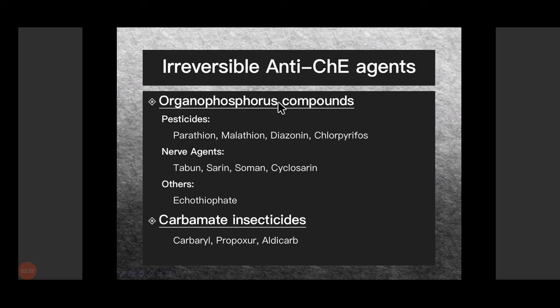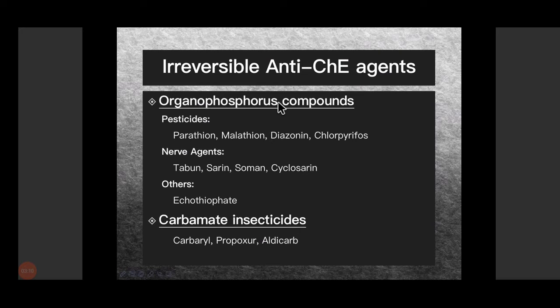Organophosphorus include pesticides like parathion, malathion, diazinon, chlorpyrifos. These are all pesticides. Then you have nerve gases which were used in chemical warfare: tabun, sarin, soman, and others like ecothiopate. Ecothiopate is very different. How it is different, we will talk about that.